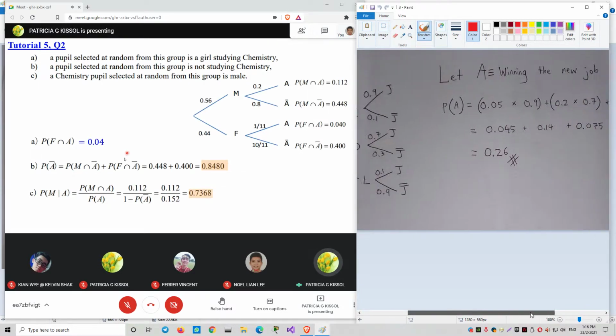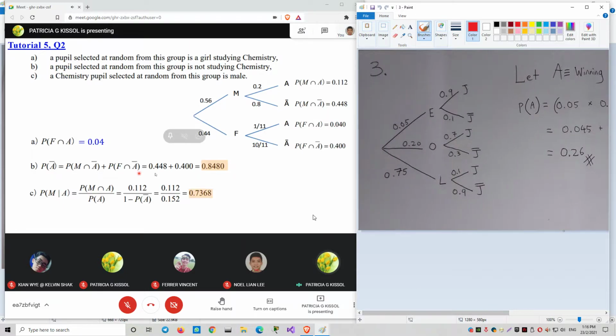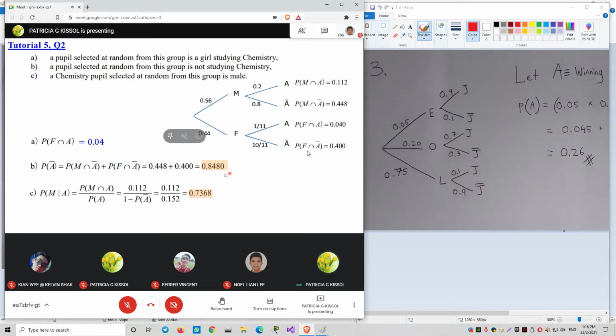But I'm interested to know, Calvin, because you didn't draw the probability tree, did you get the same answer? Or how did you calculate the not studying chemistry? It's just 1 minus the probability, I just do 1 minus and then the probability of the intersection A, and then minus the 0.04 also. 0.04.